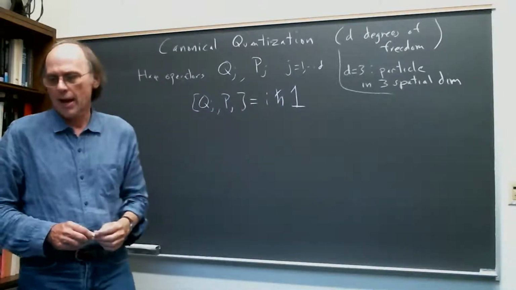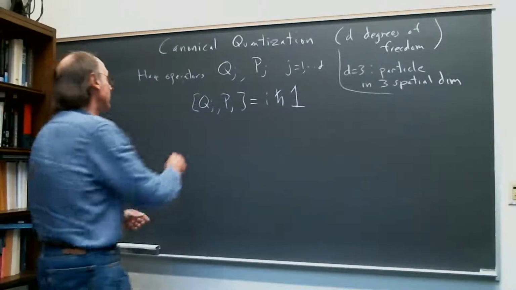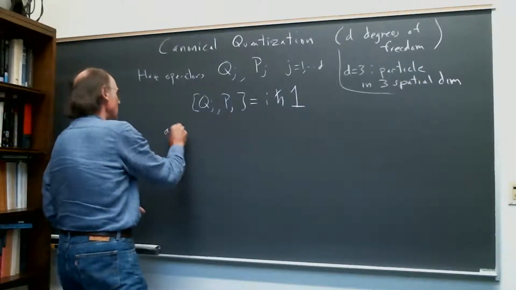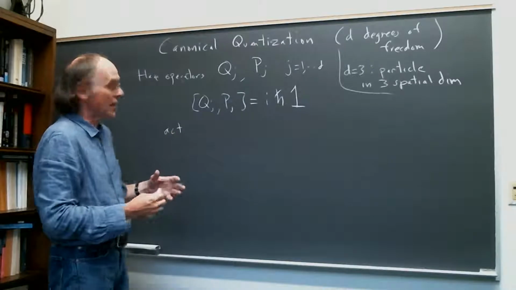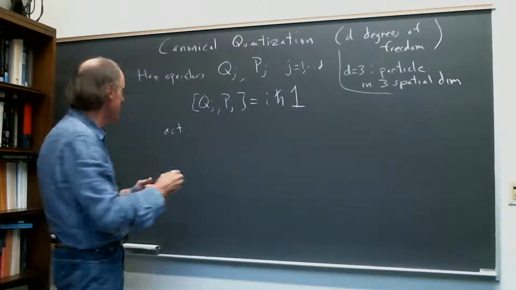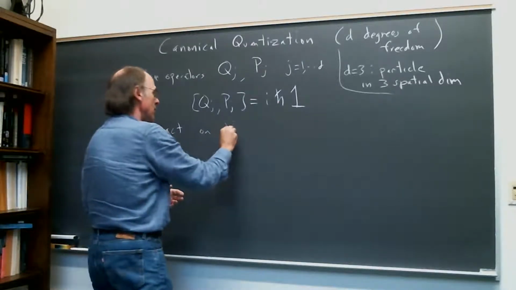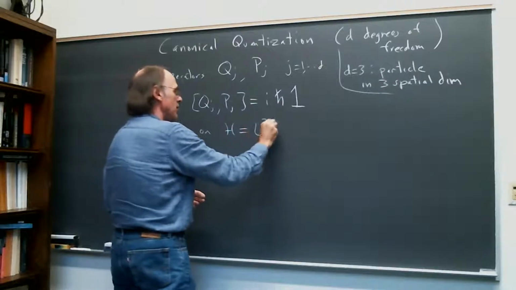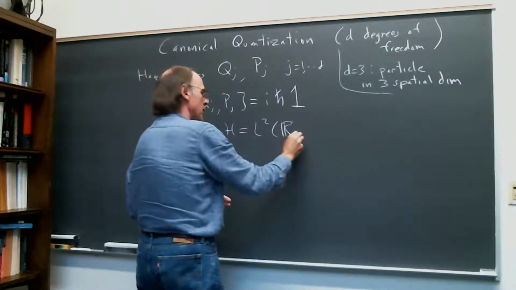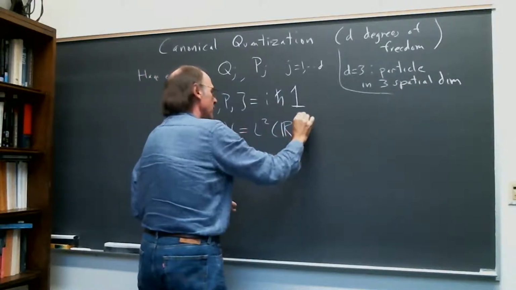One story about what they act on is that you get an actual representation by choosing a representation space, where your space is L2 of R^d.